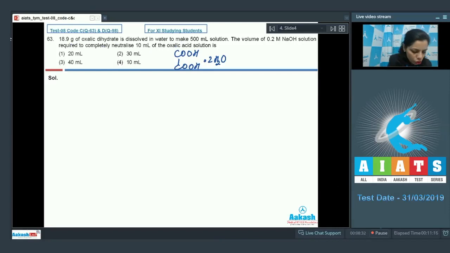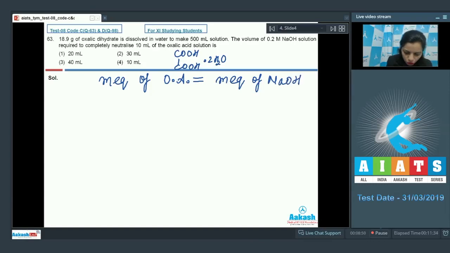solution. So first we should know that whenever we talk about this process, milli equivalent of oxalic acid should be equal to the milli equivalent of NaOH for the process of neutralization. Now first let's find out the milli equivalent of oxalic acid.